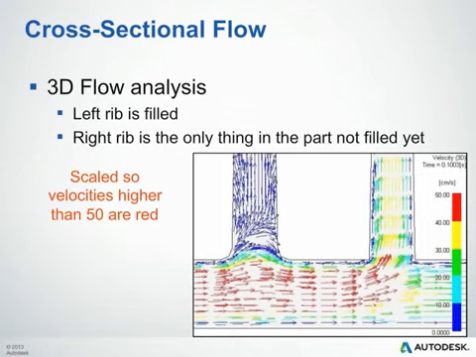We can see how the velocity vectors are pushing up towards that rib, but we can also see how between the ribs, if we look at the cross-section of this main nominal wall of this part, just at the mold wall it's frozen, so we're not seeing any movement there, 0 velocity, and then below that quite a bit higher velocity. So you can see how much that cross-sectional flow can vary through the thickness of a part.